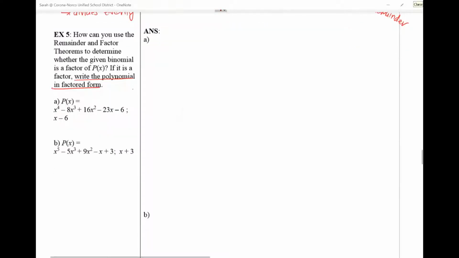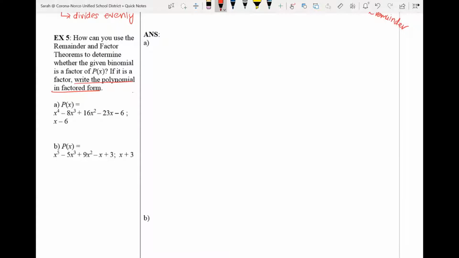So the fact that they want us to do that, we should use synthetic division instead of just evaluating, because if we just evaluate, then we can tell whether it's a factor or not, but we can't write it in factored form. We'd still have to use synthetic division to be able to write the polynomial in factored form. And so I'll show you that as we get into the problem.